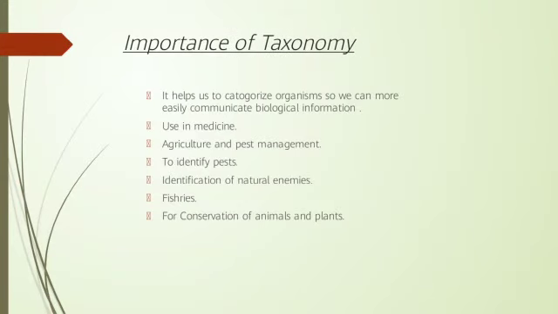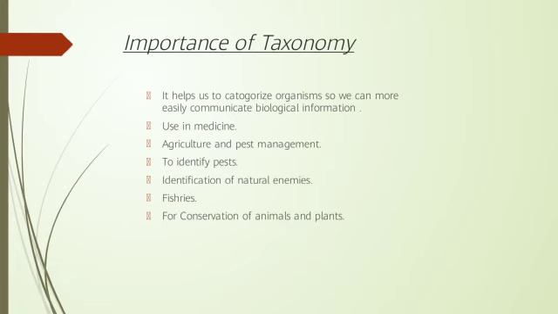Then we are describing the importance of taxonomy. Taxonomy has a major importance in the field of science. First, it helps us categorize organisms so we can more easily communicate biological information. Then it has a use in medicine. Taxonomy has a major role in the use of medicine.